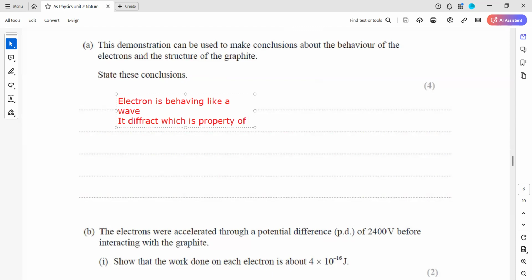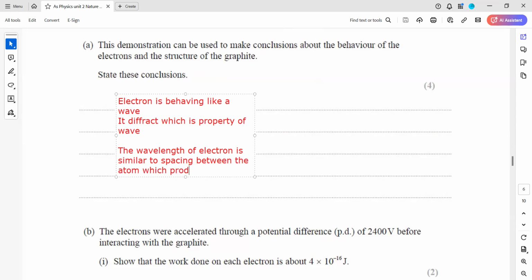And why does it diffract? The wavelength associated, or you can also say the de Broglie wavelength, because with wave-particle duality, if a wave is associated with a particle, we call that a de Broglie wavelength, or you can also say a wavelength of the electron, is similar to the spacing between the atoms, which produces a diffraction pattern and interference.